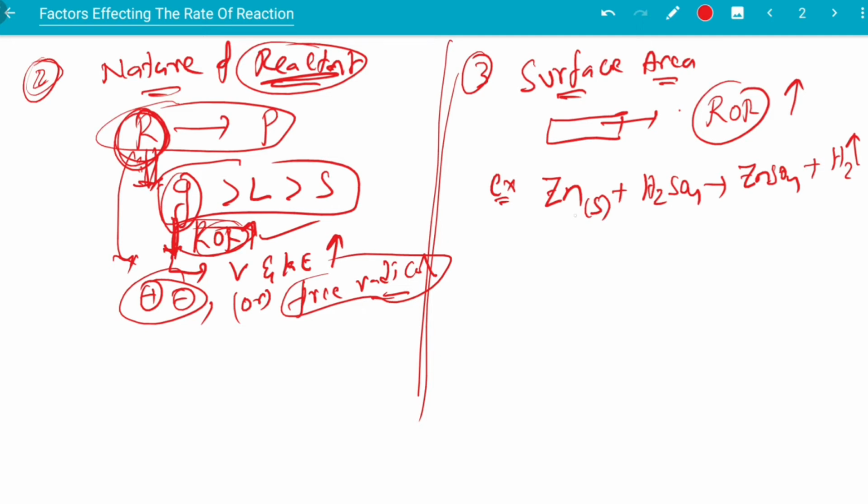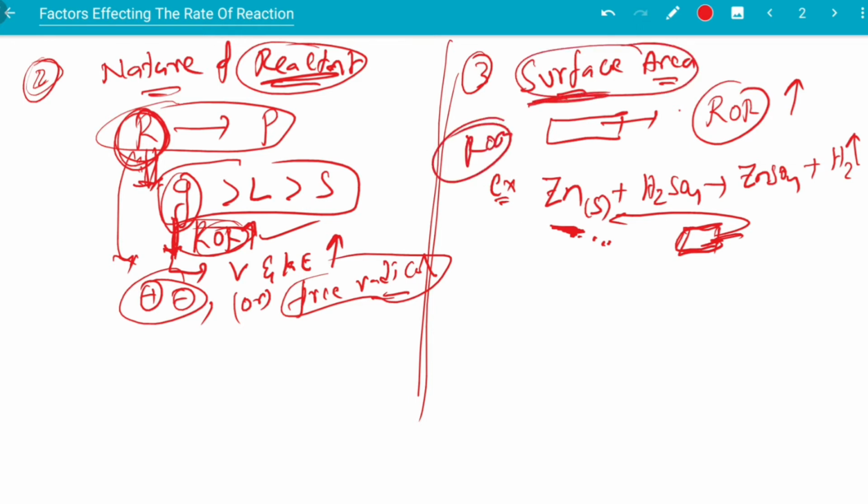If you use Zn in powder form, the reaction will take place faster than with bulk form or granules form of zinc. So surface area is one factor that the rate of reaction depends on.